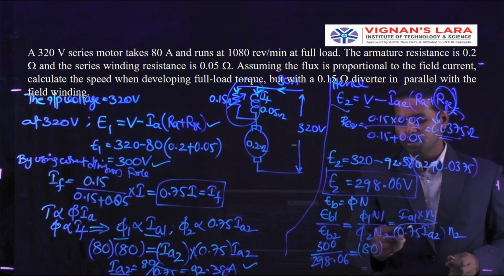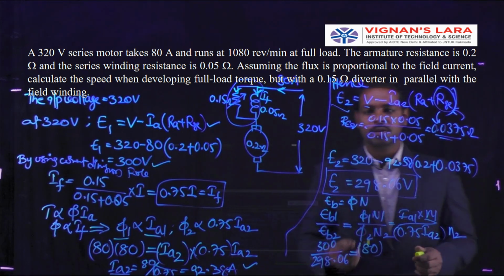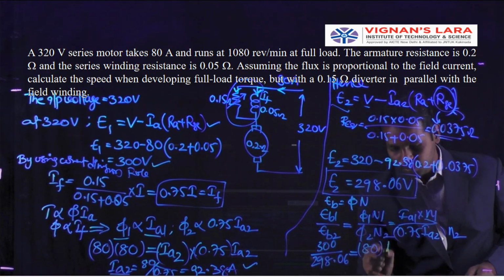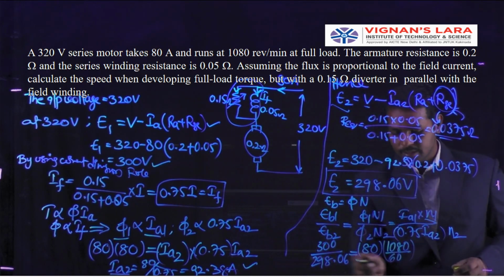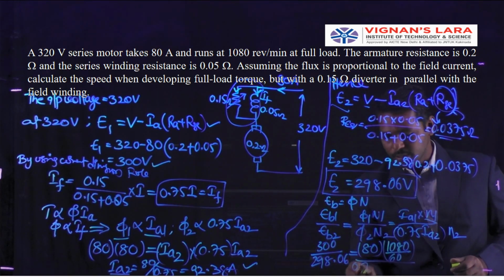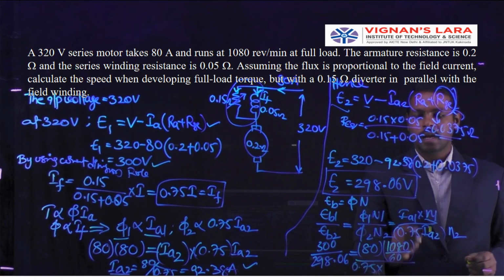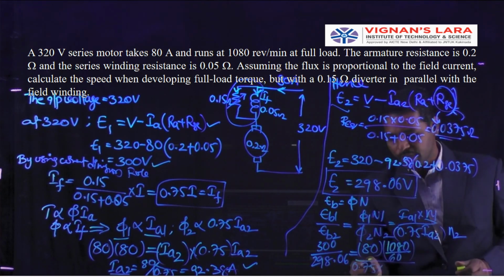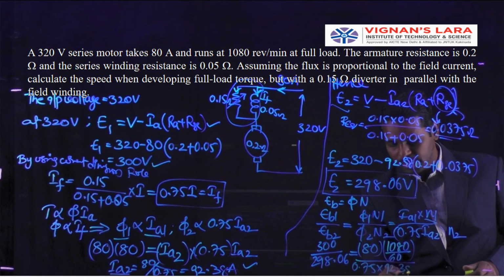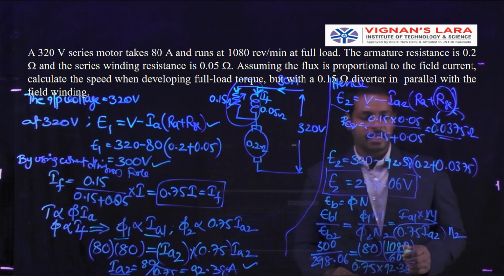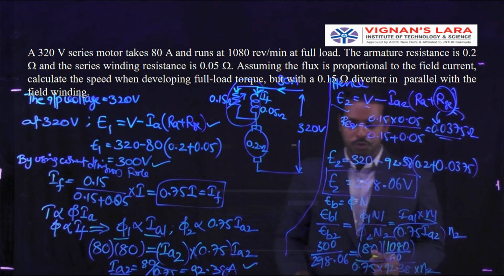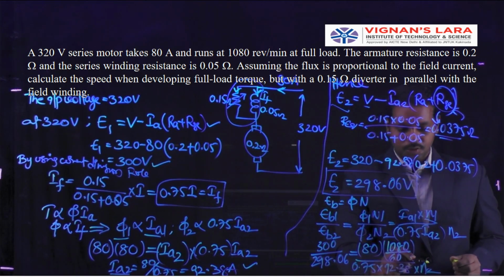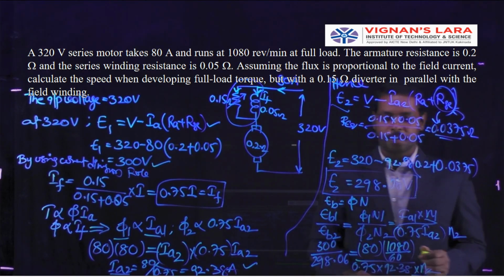The speed of the machine is 1080 revolutions per minute, so 1080 divided by 60 converts it into seconds, divided by 0.75 multiplied with Ia2, which is 92.38, multiplied with N2. In these equations, the only unknown parameter is N2.